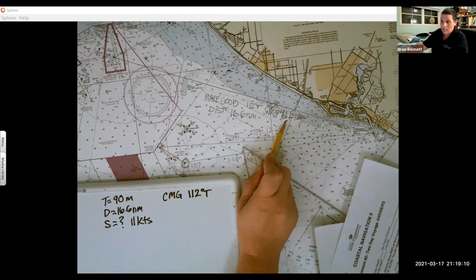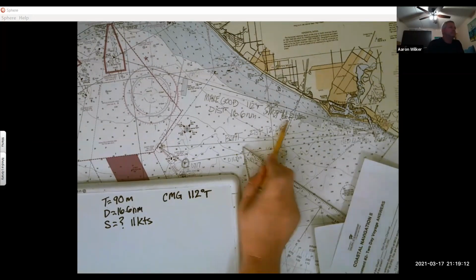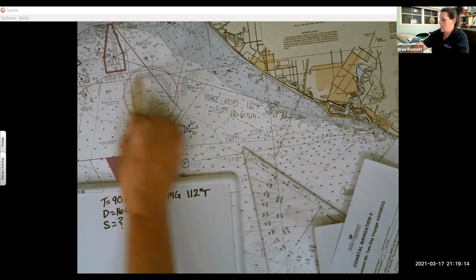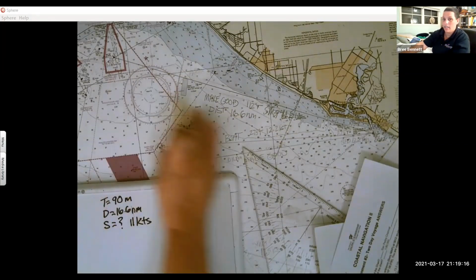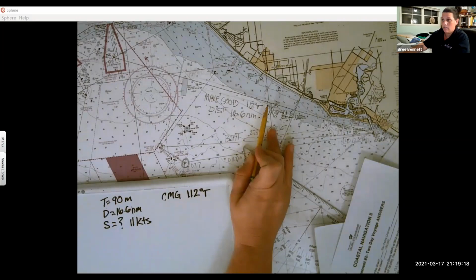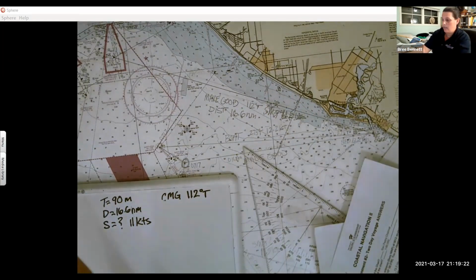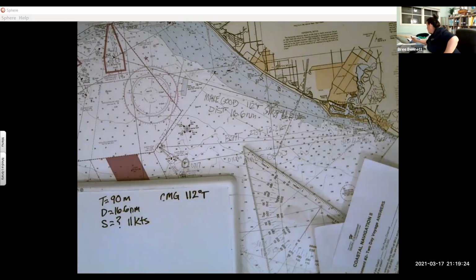Does that make sense? Because this is the line that I want 11 knots and it's already drawn for me. So I'm going to find 11 on my, so I'm going 5.5, to make it a little easier for myself.